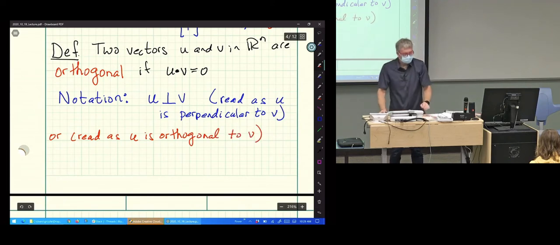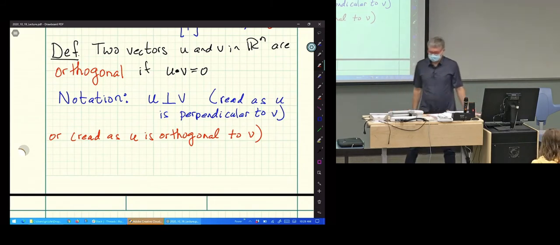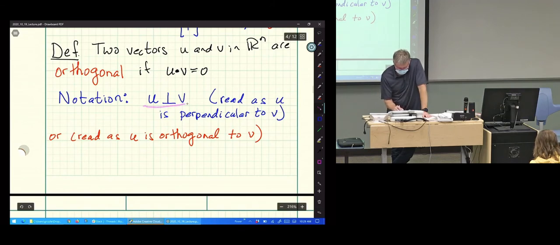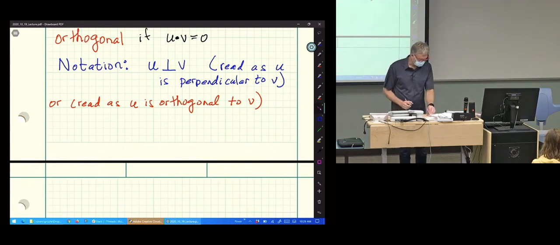Isn't it wonderful that there's almost two pieces of vocabulary for every single term? In LaTeX, this is \perp, because it means perpendicular. So a clean way to write it down: you can say u dot v is 0, but people tend to write u perp v, meaning u is orthogonal to v. And you can extend that to sets of vectors.